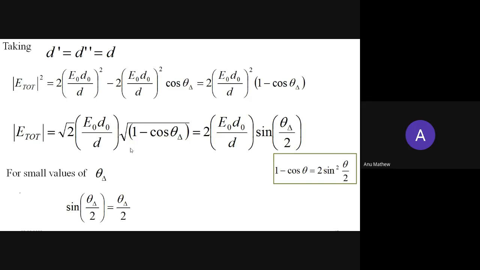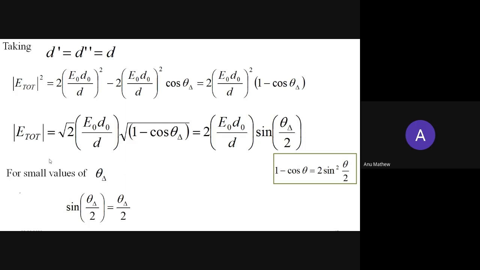You know 1 minus cos theta equals 2 sin square theta by 2. By using that trigonometric relation, we get 1 minus cos theta delta equal to 2 sin square theta delta by 2. So we can write it as 2 into E0 d0 by d sin theta delta by 2.